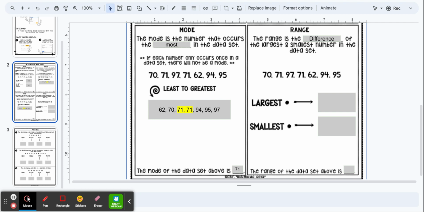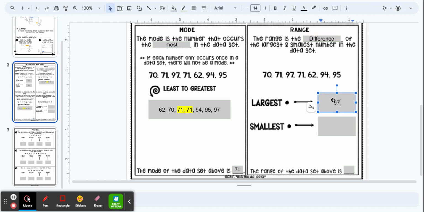So the largest number that we have here is 97, and the smallest number that we have is 62. Our range means we want to know what's the distance between these two numbers. What range does our data set cover? Does it cover a large range, so it covers a lot of numbers, or a small range, so it doesn't cover many numbers?